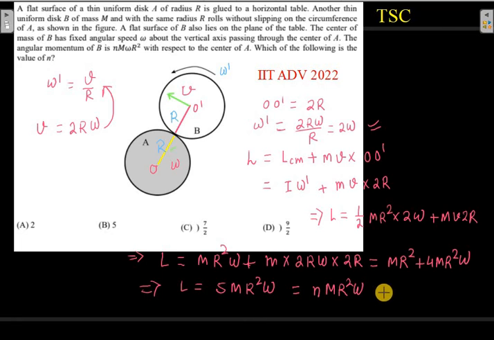From here we can say that n will be 5, hence the correct answer is B here, that is n equals 5.